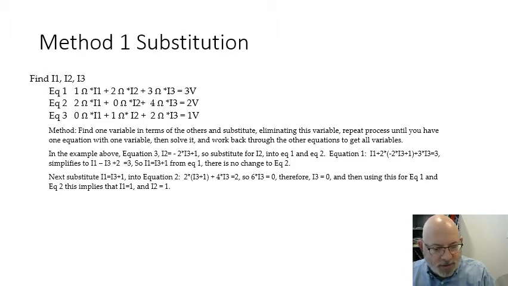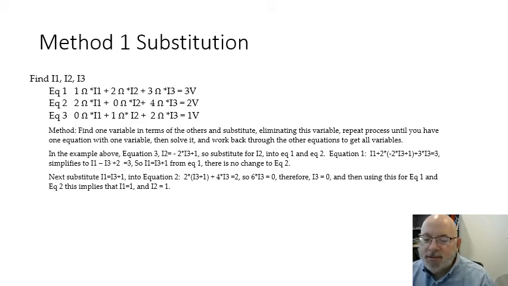Now, if I take this equation that has I1 in terms of I3 and I substitute it into equation 2, I get 2 times (I3 plus 1) plus 4I3 equals 2. 2I3 plus 2 plus 4I3 means I have 6I3 and 2 on each side, which cancels. So I end up with 6I3 equals 0.